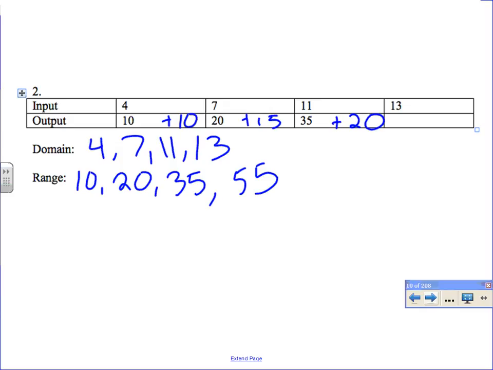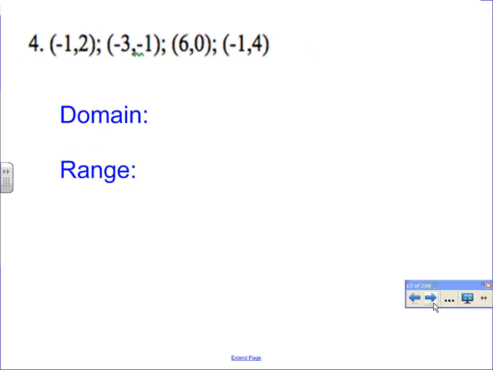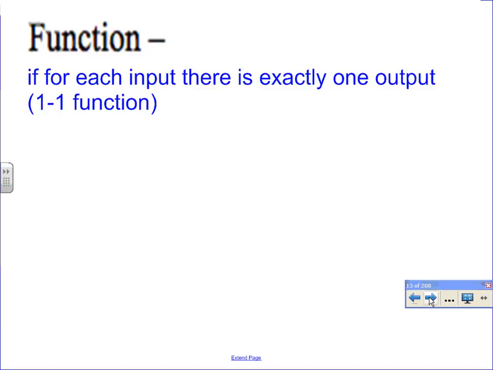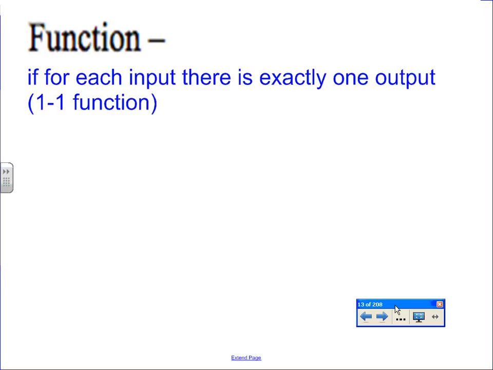Okay, let's skip number 3 and 4. Let's go to the definition of function. Okay, so what is a function? Whenever we're graphing linear equations, they are going to be functions in this class. Eventually, you'll learn how to graph things in trig and pre-calc that are not functions. So here's the definition of a function.